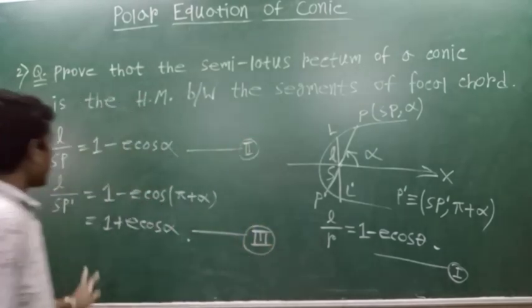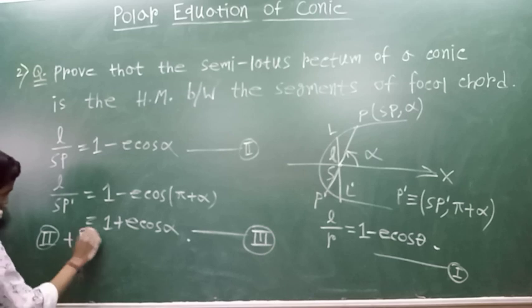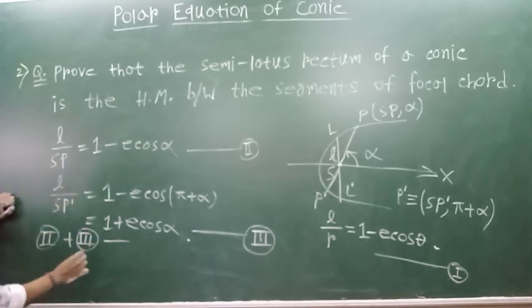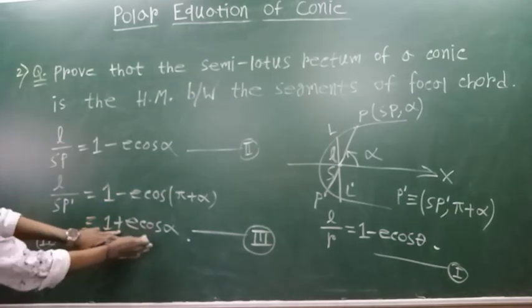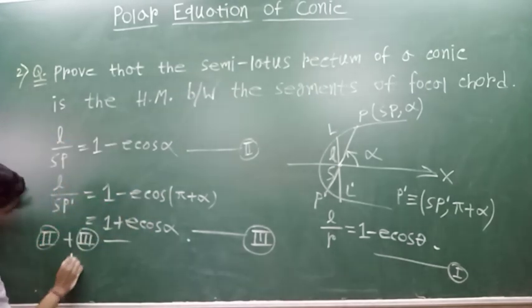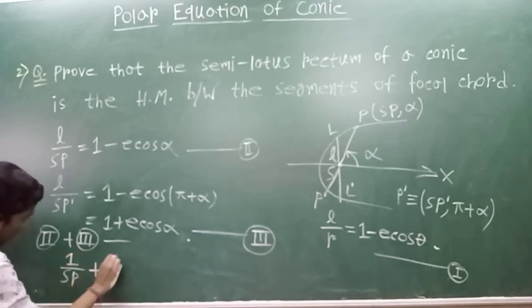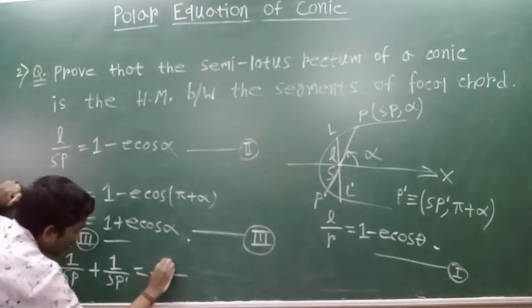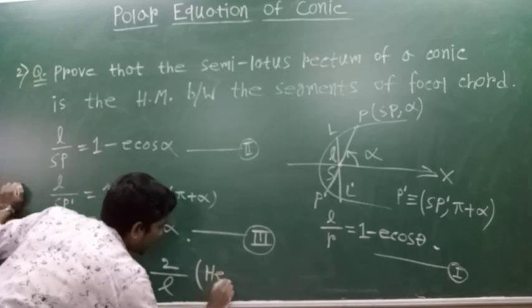Now add equations 2 and 3, and you will get this plus this is equal to this plus this. So e cos alpha is cancelled out, and we get 1 by SP plus 1 by SP dash is equal to 2 by l, hence proved.